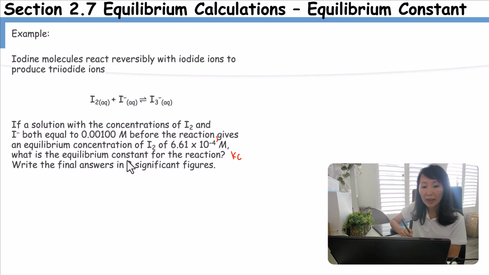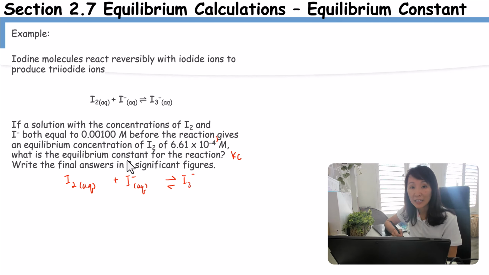So I'm going to rewrite this chemical equation down, and we're going to set up what is called the ICE table, or initial, change, equilibrium. I represents initial, C represents change, and E represents equilibrium.